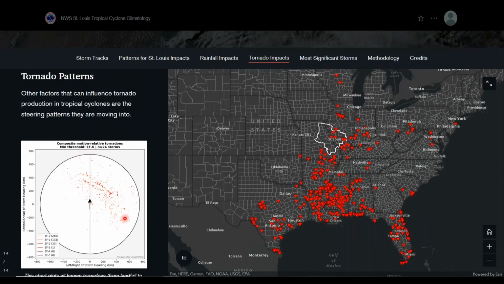You can see that, and it's worth noting that, the majority of TC tornadoes are occurring before they reach St. Louis, but they are all occurring pretty much in the northeast quadrant and in the northern semicircle. That makes physical sense given that streamwise vorticity is going to be mostly enhanced in that part of the storm relative to upper level flow.